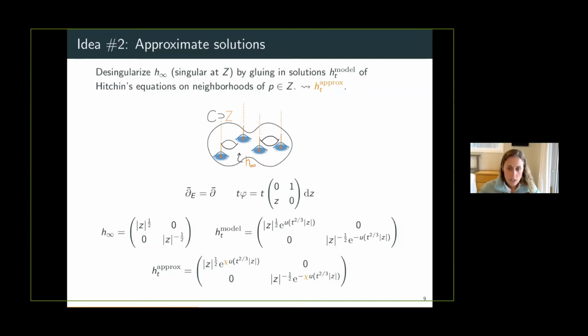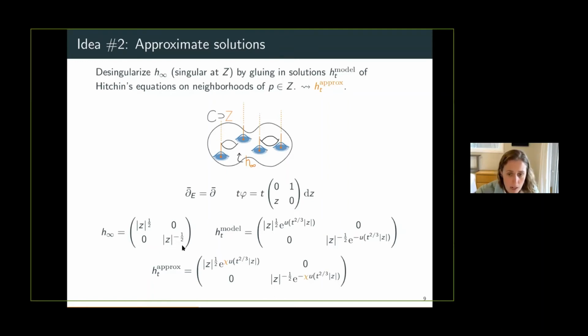To make this concrete, in the rank 2 case, you have the determinant, and you see that the eigenvalues here are plus or minus square root of z. And so they collide at z equals 0. Then h infinity is this singular metric here.